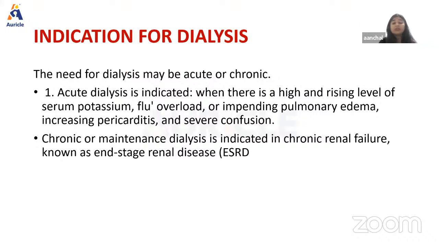The acute dialysis is indicated when there is a high and rising level of serum potassium, fluid overload or impending pulmonary edema, increasing pericarditis, or any severe confusion if present, right? Then chronic or maintenance dialysis is indicated in chronic renal failure, that is known as end-stage renal disease.